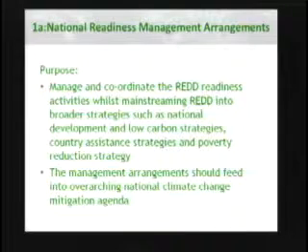The main purpose of this component is to put in place a system for managing and coordinating the REDD readiness activities, whilst at the same time ensuring that REDD integrates into both the existing and any new policies and strategies which are being developed, such as the national development plans or the carbon strategies, the country assistance strategies, or the PRSPs. The management arrangements should also feed into an overarching national climate change mitigation agenda.